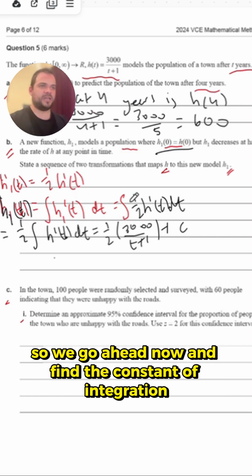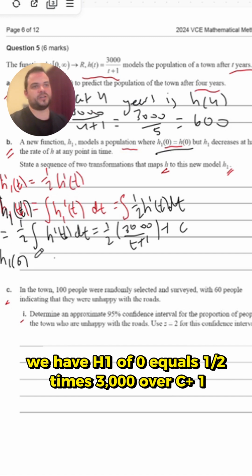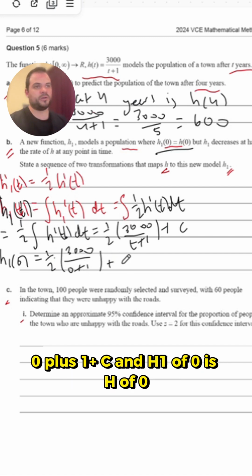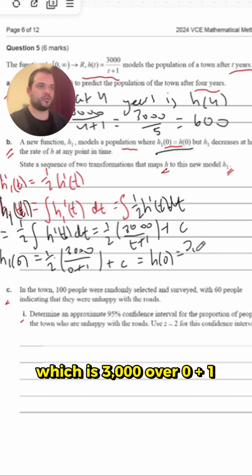So we go ahead now and find the constant of integration. We have H1 of 0 equals a half times 3000 over 0 plus 1, plus C, and H1 of 0 is H of 0, which is 3000 over 0 plus 1.